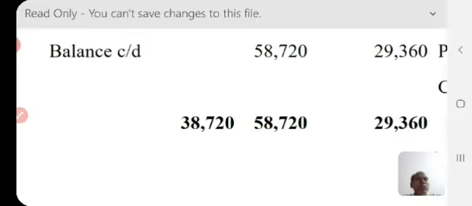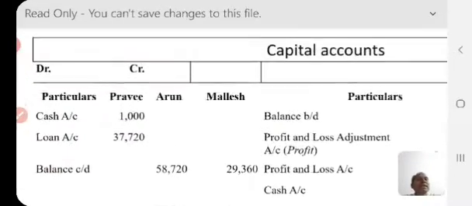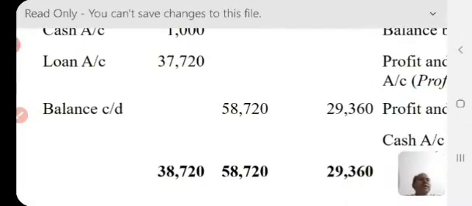We shall see at the credit side. At the debit side, we shall see at the debit side. Yes, this is the balance.